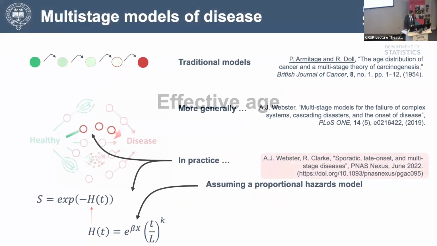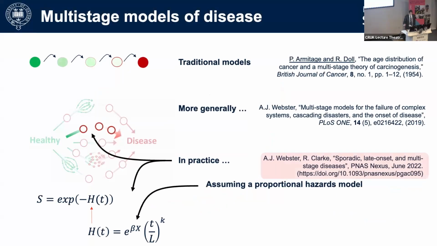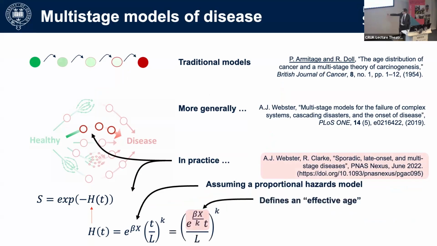Another useful concept that emerges is effective age. So what do I mean by that? Well, the Weibull model is a particular type of proportional hazards model. So if you take the relative risk there, e to the beta x, and you put it inside the brackets, so the k now needs to come down over here, then what that whole term represents is your effective age in terms of your risk of disease.